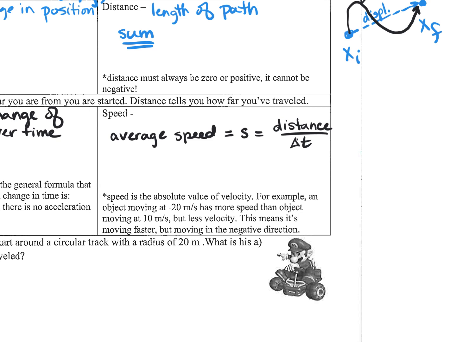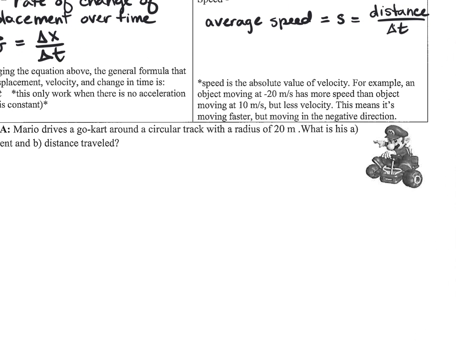So we've got velocity, which comes from displacement, which is a vector. And we've got speed, which comes from distance, which is a scalar. So a scalar produces a scalar, and a vector produces a vector. So far, so good? Okay. So speed is the absolute value of the velocity.